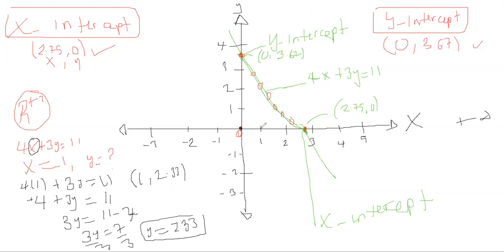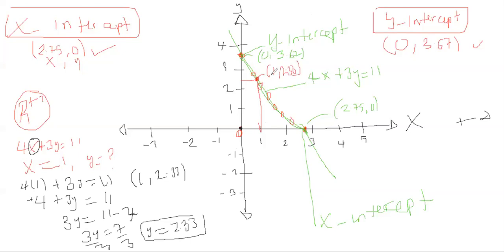So we have x here, and y will be something like this. Obviously, this is not graph paper, so we have to accommodate. So we'll have a point here, where x equals 1 and y equals 2.33.